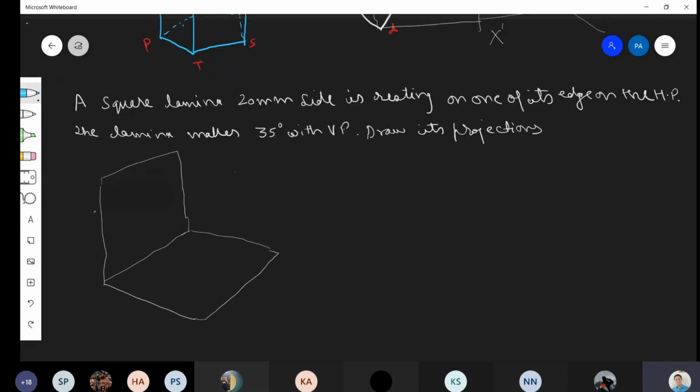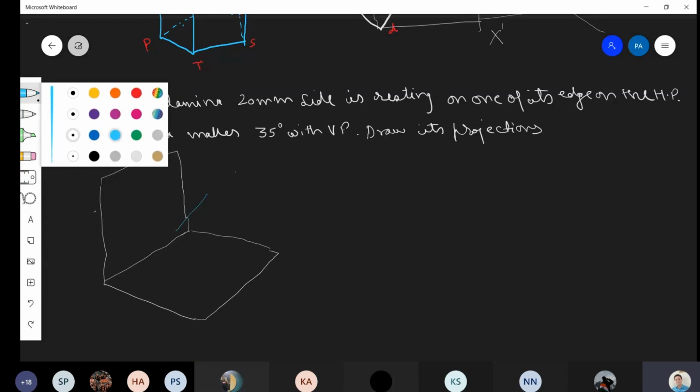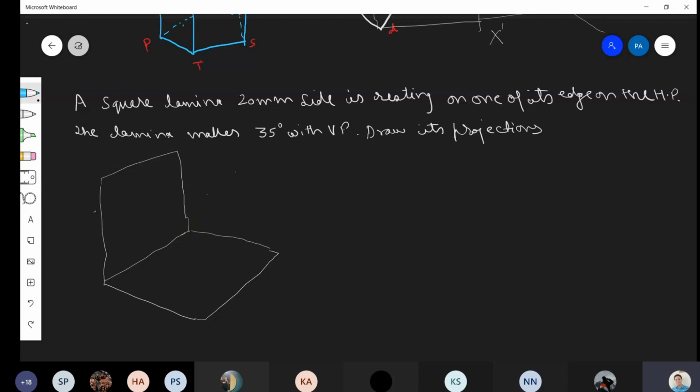It is inclined to VP. Inclined to VP means it is making some angle with VP. Okay, this is the lamina.